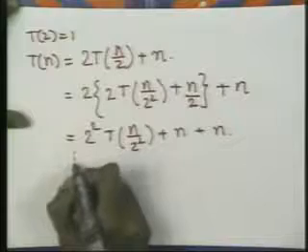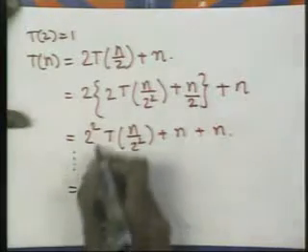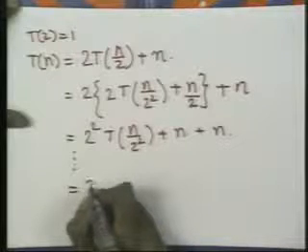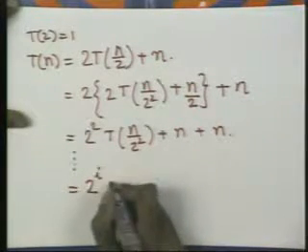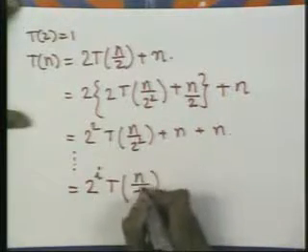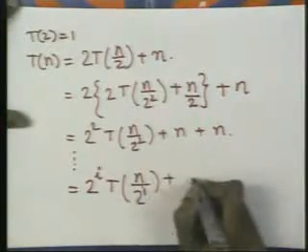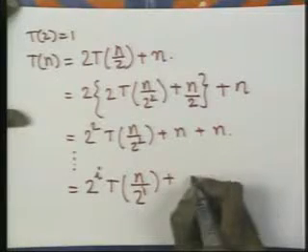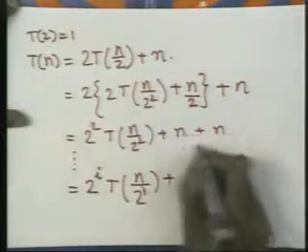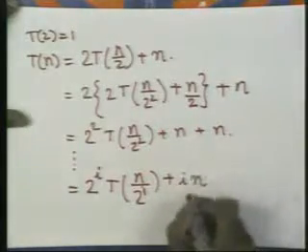So if I do this i times, well, you could do it once more to see what the pattern looks like. If I do it i times, I get 2 to the i times T(n/2 to the i), plus, okay, there will be a number of n's. So how many times will I have n's here? It will be i times n. This you can check.